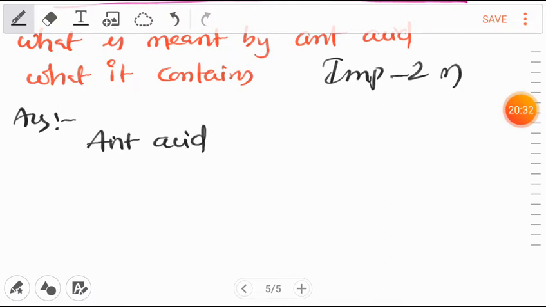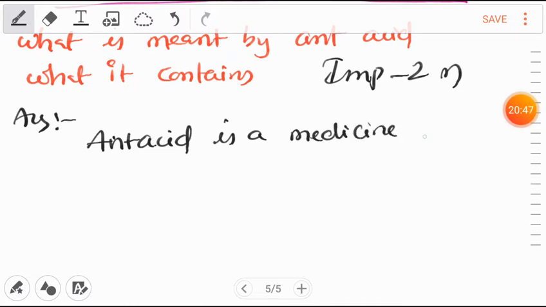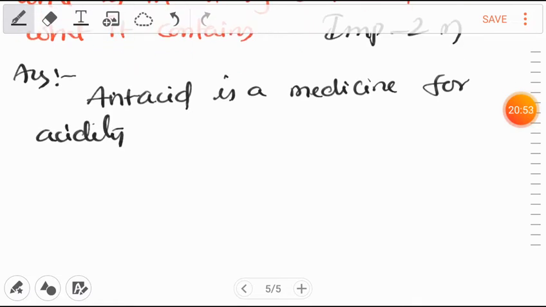What we are using in market is Eno, right? Antacid is a medicine for acidity. Second one, what it contains.